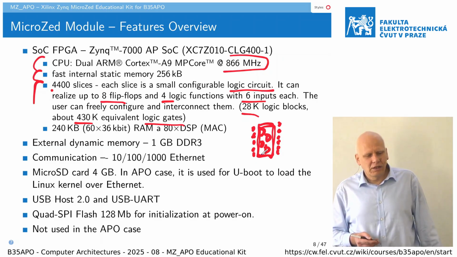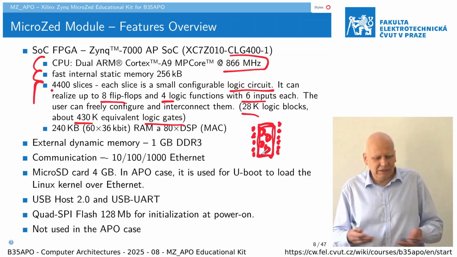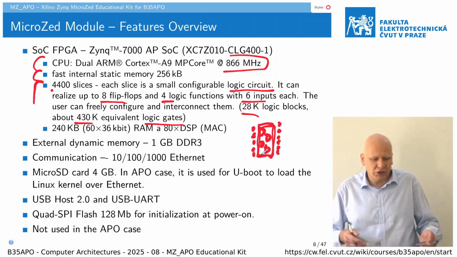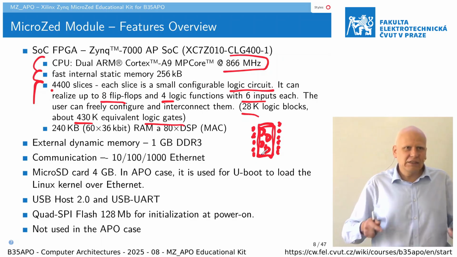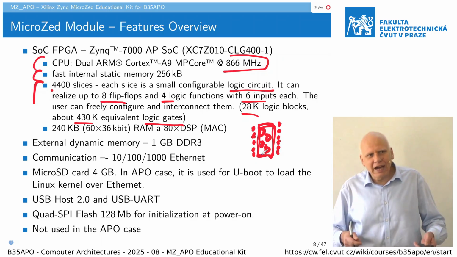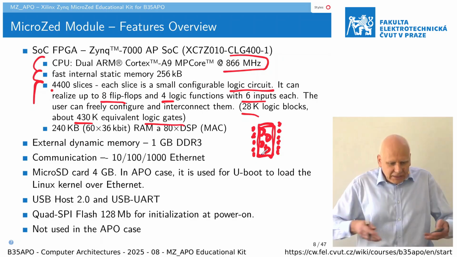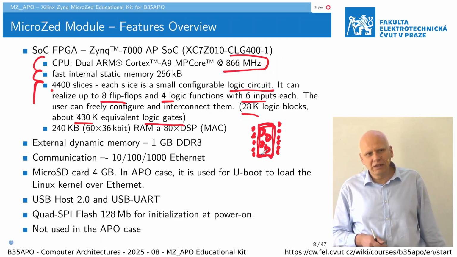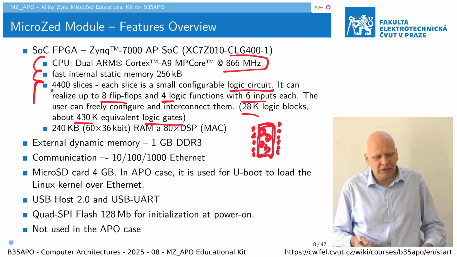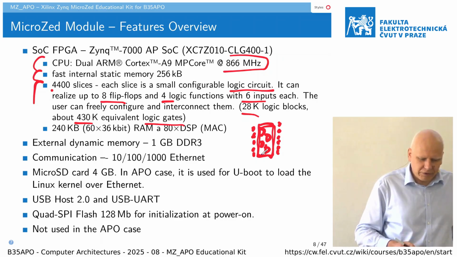Some of my students has implemented theirs, the coprocessor for sure. If you implement coprocessor in the configurable logic, then it is slower than if it is directly etched into the chip onto the silicon. But you can add special functions and so on, so it quite often helps.